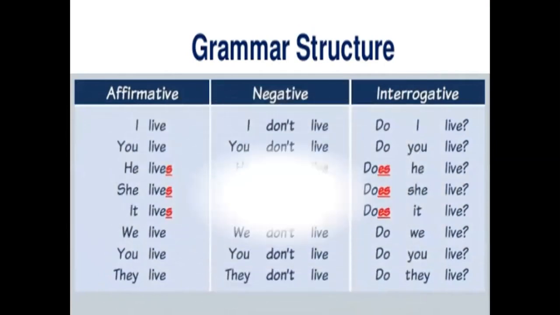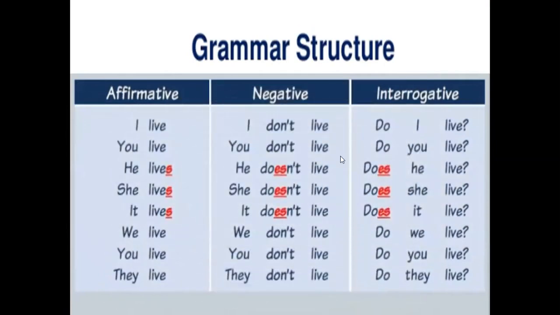Now, this time we are going to talk about WH questions and the grammar structures for affirmative, negative, and interrogative. When we say affirmative, it's simply known as a positive sentence.